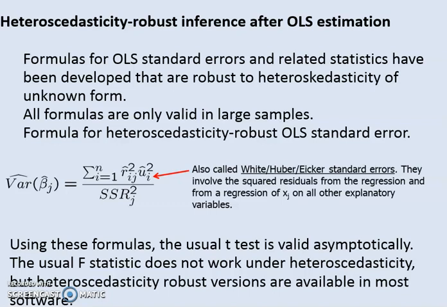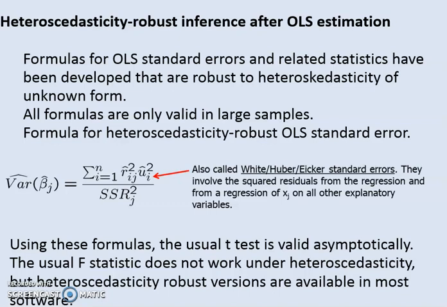The formula for the robust standard error is given here, whereby the variance of beta j hat consists of the squared residuals from the regression and also the squared residuals from a regression of xj on the other independent variables.